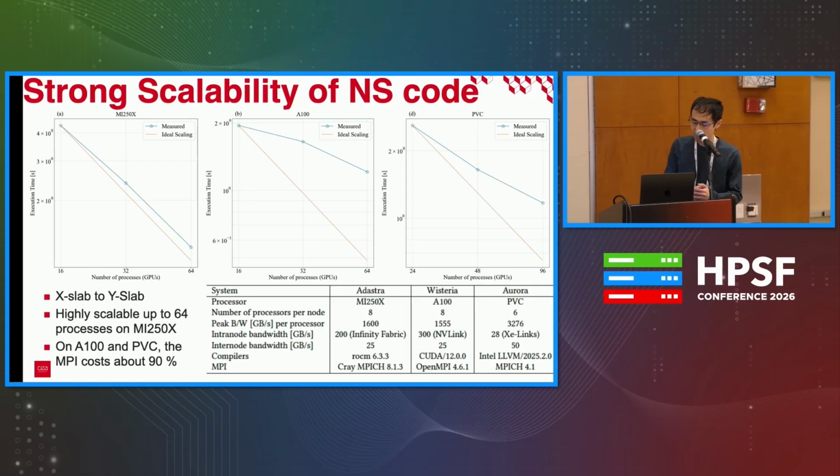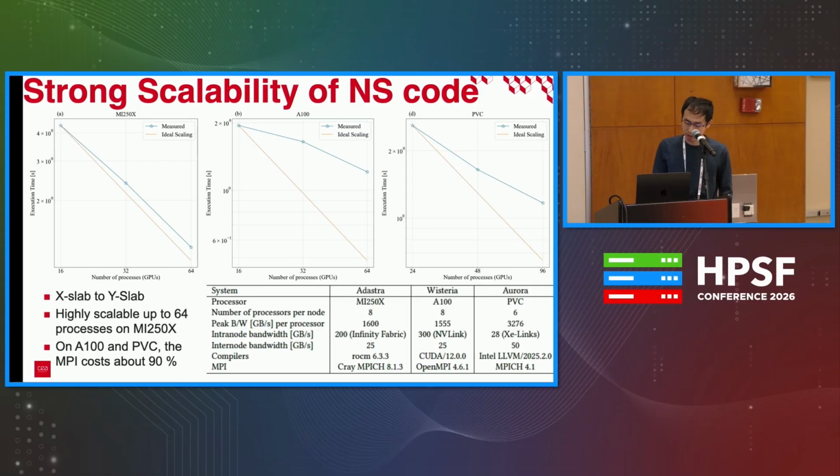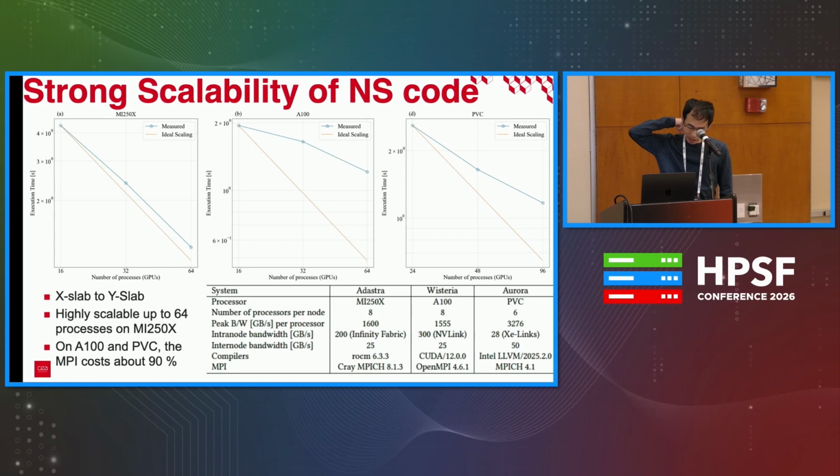We have measured the strong scalability of this Navier-Stokes code, from 16 GPUs to 64 GPUs, which is basically 2 nodes to 8 nodes. On MI250X, it scales nicely, and the A100 scales less nicely, because the communication bottleneck is significantly bigger there.